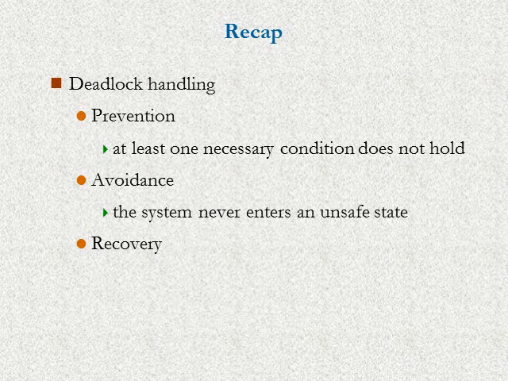We discussed that that mechanism could be the banker's algorithm, and we will discuss it in today's lecture. Also in today's lecture, we will discuss the third method to handle deadlock, that is to recover from it. So we let the deadlock occur in the system, then we detect it, and then we recover from it.